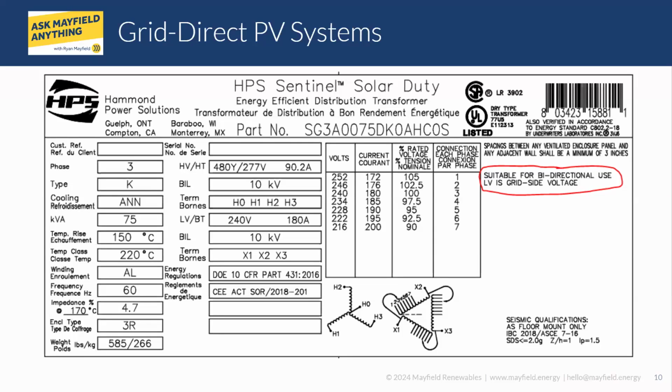Sure. Just to cue this up, what we inserted here is a copy of the nameplate off a standard 75 kVA solar duty rated unit that we have, and there are things on there unique to the design that make it suitable for solar duty. Nick, do you want to get into the bidirectional piece?